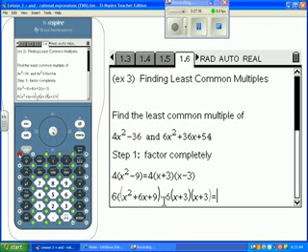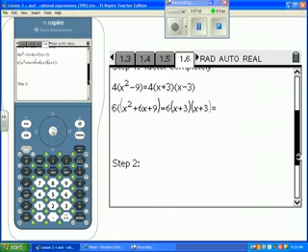Good. So now, what I'm going to look for, and this is step 2, so when you scroll down on your paper, notice it says down here step 2.